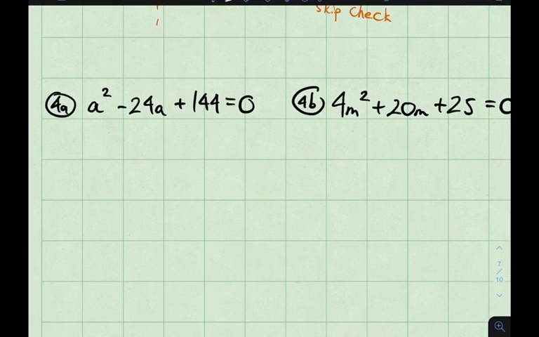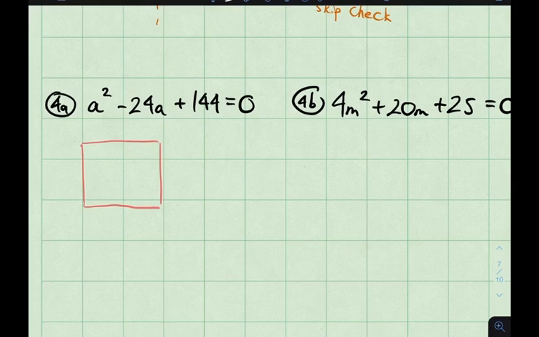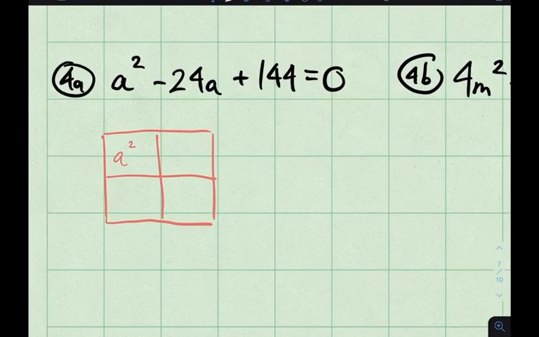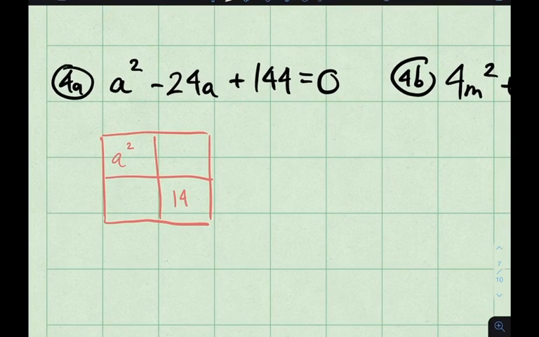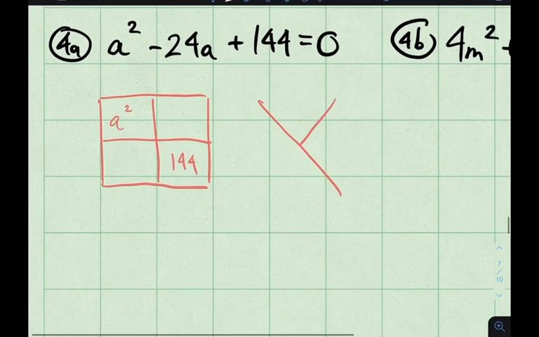Some more complicated ones. Now we have 3 terms. Already, I noticed that these things are probably perfect squares. If you see that shortcut, try to apply it. If not, go back to your box and diamond. a squared, 144, because that's the third term, multiplied together.